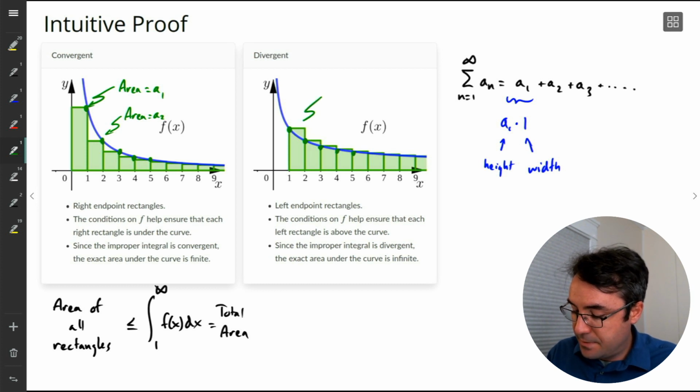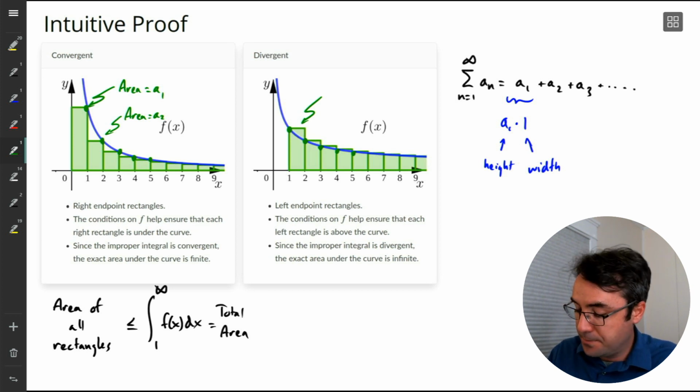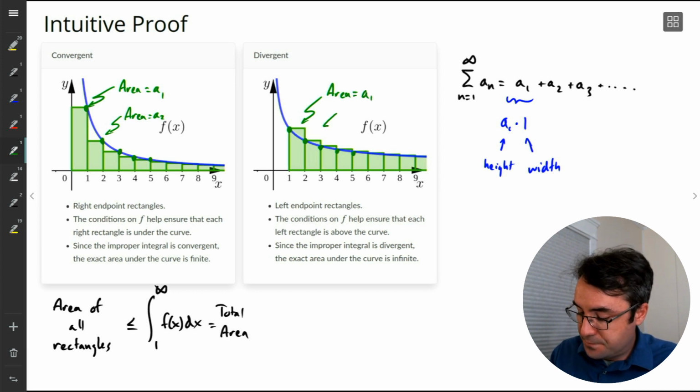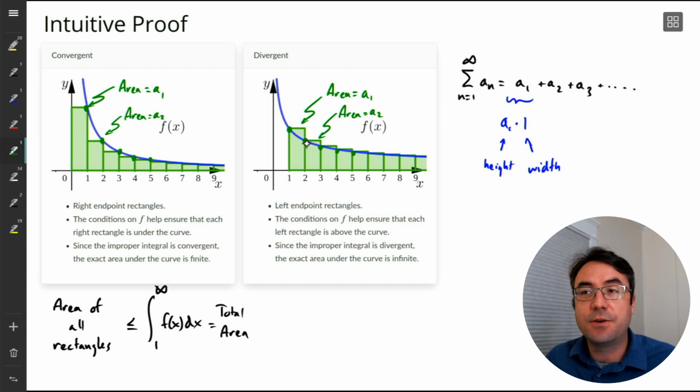Again, the width of this rectangle is 1, the height is a1, and so the area of that first rectangle is equal to a1. The area for the second rectangle is a2, so the height is given by our function value evaluated at 2, and that represents the height of this rectangle.